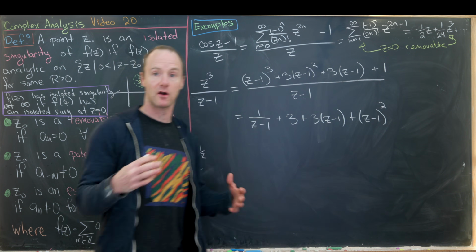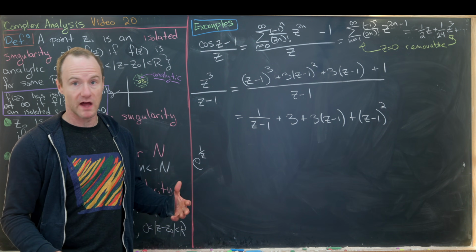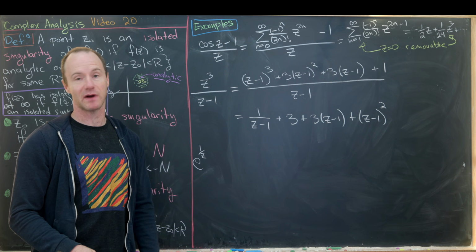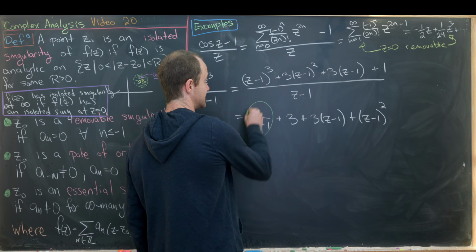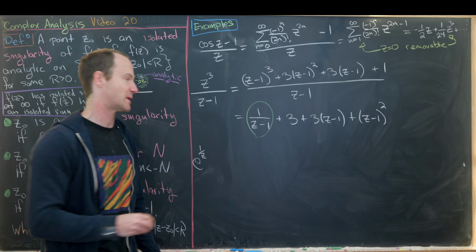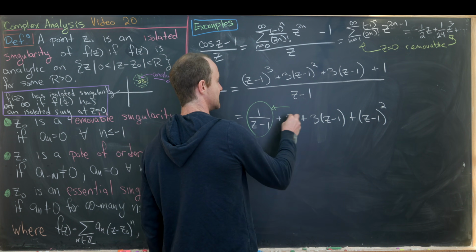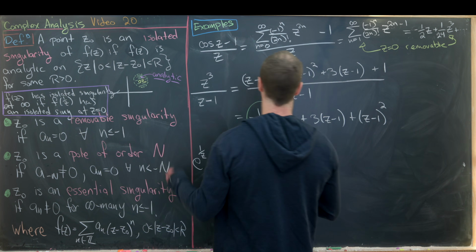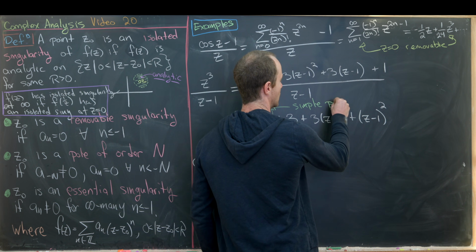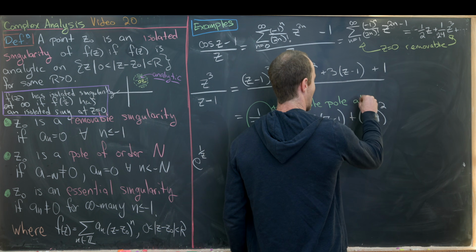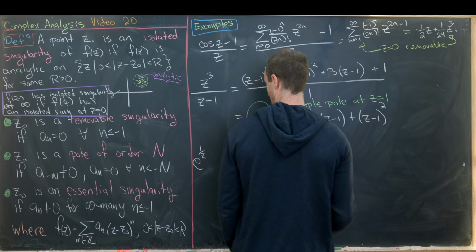So that would be like our version of a Laurent expansion centered at z minus 1. But seeing that the smallest power of z minus 1 is to the negative first power, that tells us that this is a pole of order 1, or that's sometimes called a simple pole. Okay, so simple pole at z equals 1.